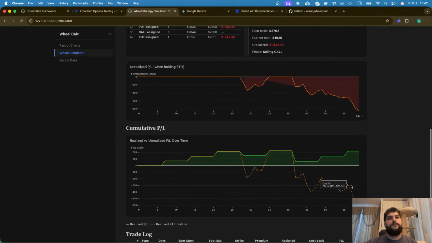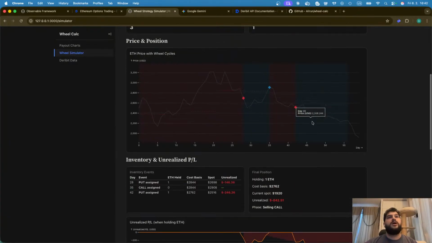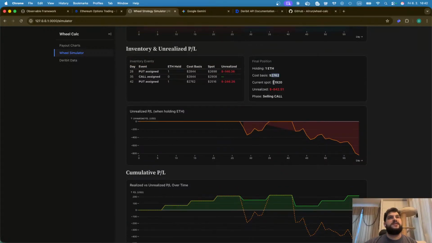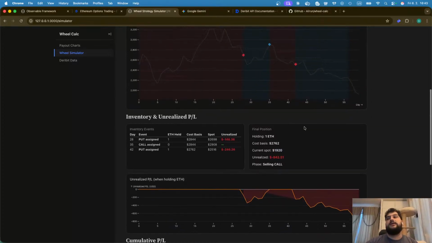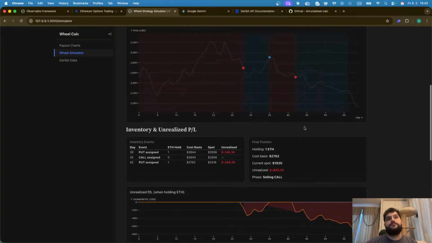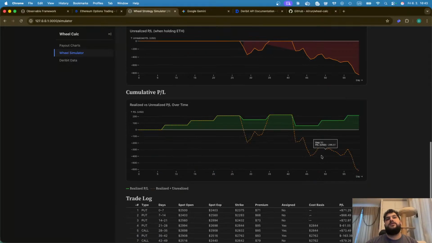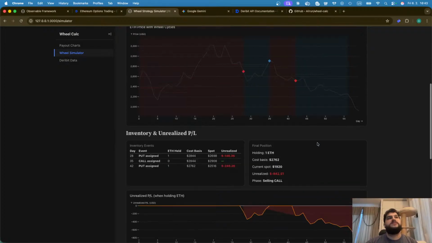And it goes down way below. So here we were assigned at a cost basis of 2,764, and the Ethereum dropped down to 1,920, and we are at minus 842, so if we would close our position now, we will be in total loss.